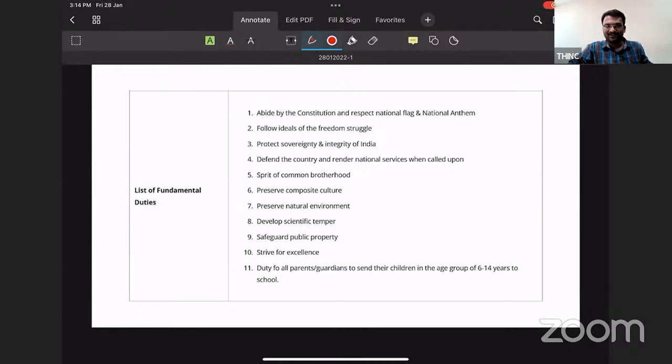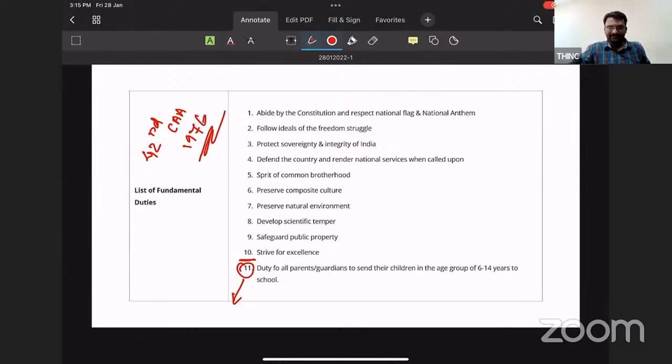So now we are getting into the fundamental duties, and this was not there in the original constitution. It was added later, by the 42nd Constitutional Amendment, 1976, during the reign of Indira Gandhi. Originally there were only 10 fundamental duties. The 11th one was added later: the duty of all parents or guardians to send their children in the age group of 6 to 14 to school.